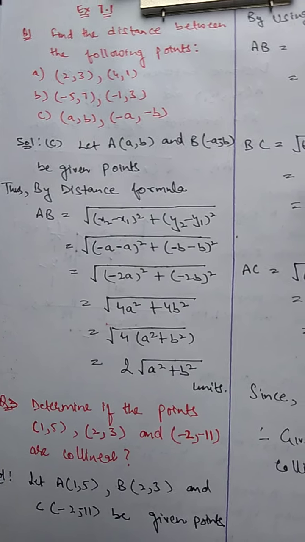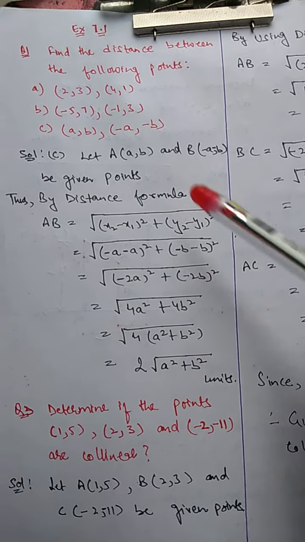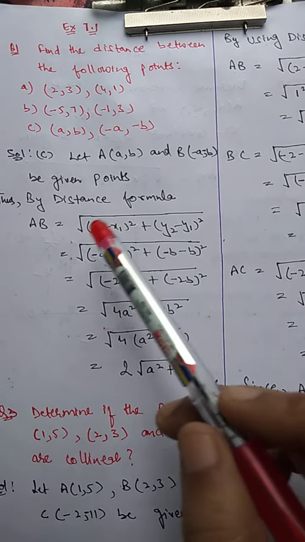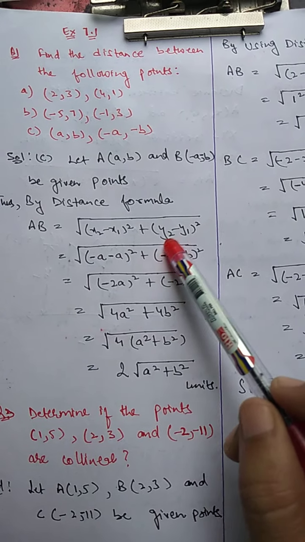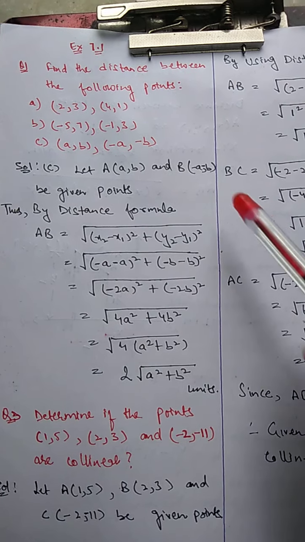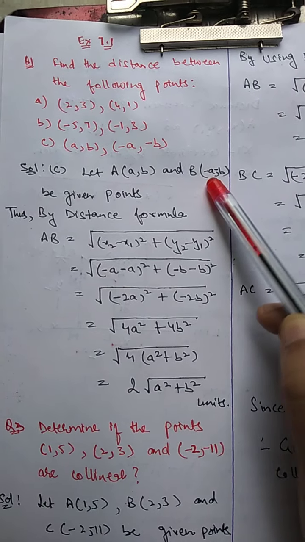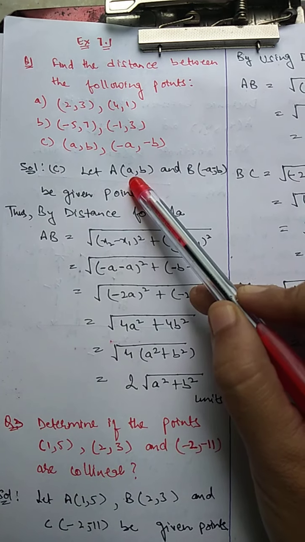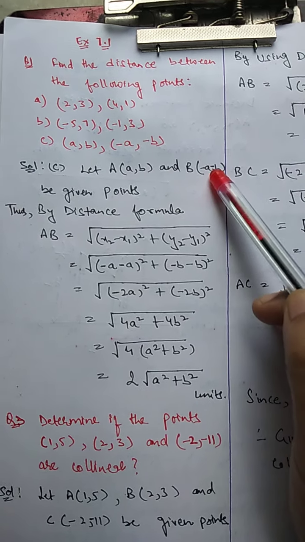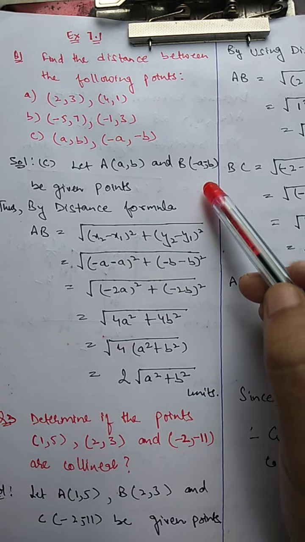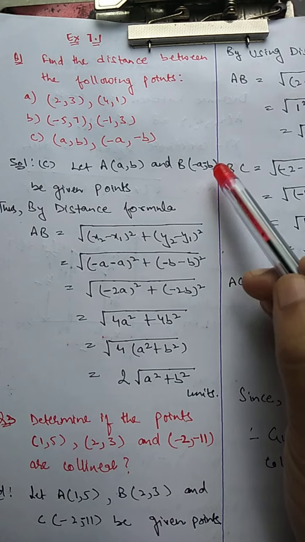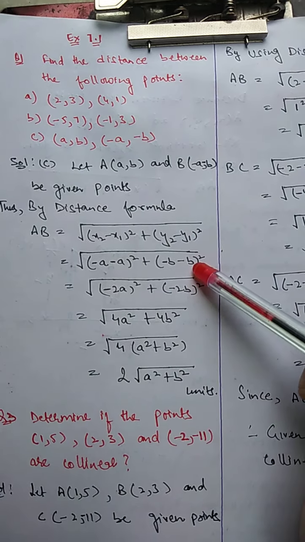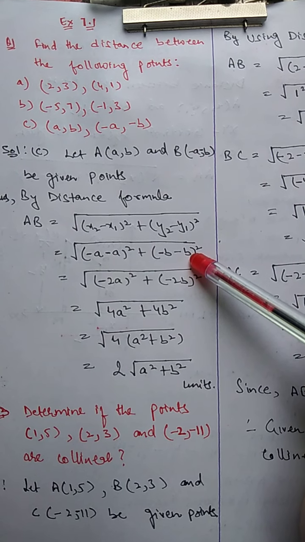Now by the distance formula, you know that the distance between any two points A and B is given as under root of (x2 minus x1) square plus (y2 minus y1) square. So x2, that is minus a, minus x1, that is a, minus a minus a whole square, and y2 minus y1, that is minus b minus b whole square.